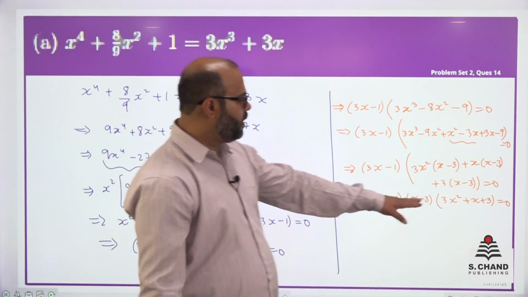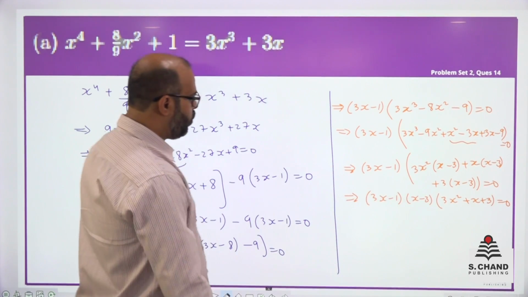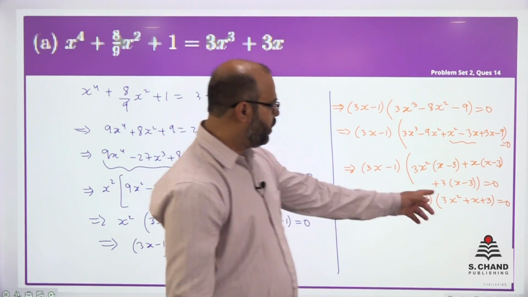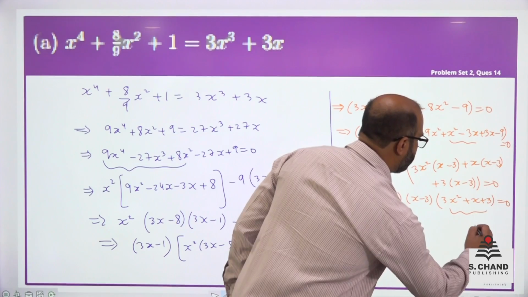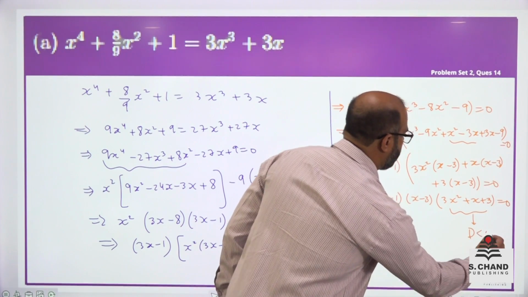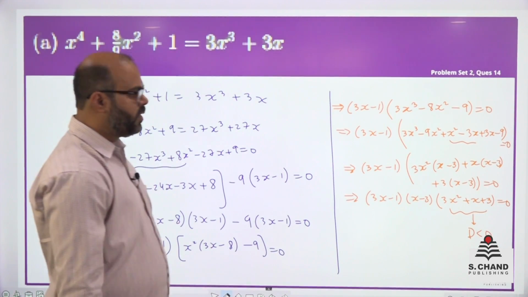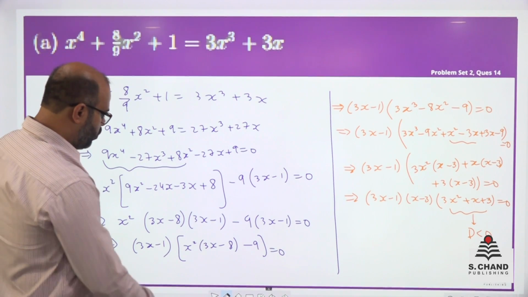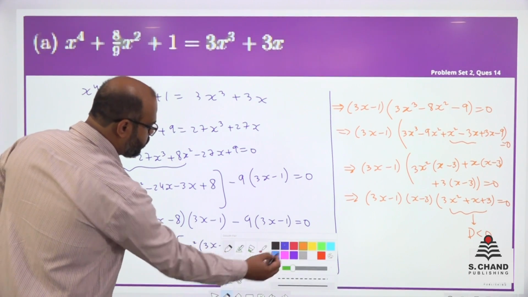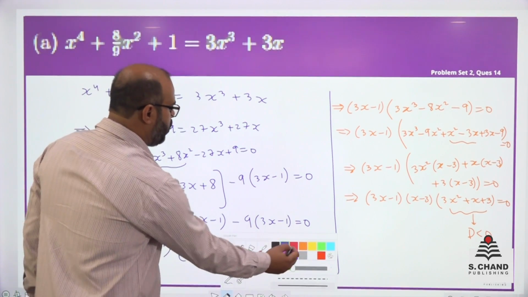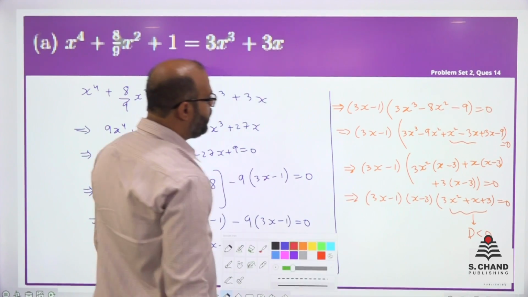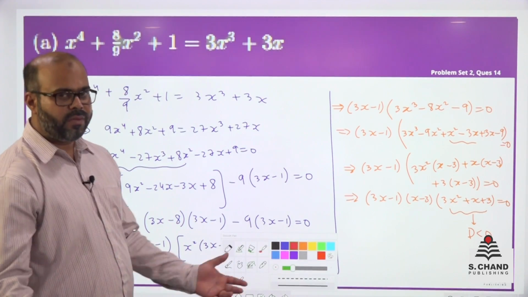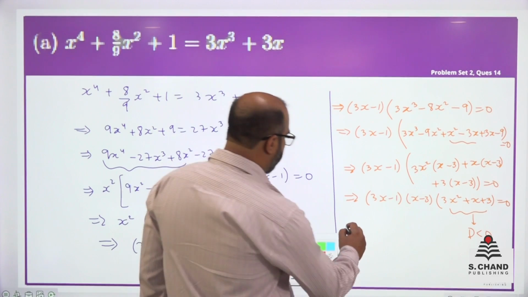Now, linear and quadratic. This quadratic has discriminant less than 0, minus 47 basically. So when you want to solve this one, you won't get any real solution, but whatever solution you are getting, let us write that only.